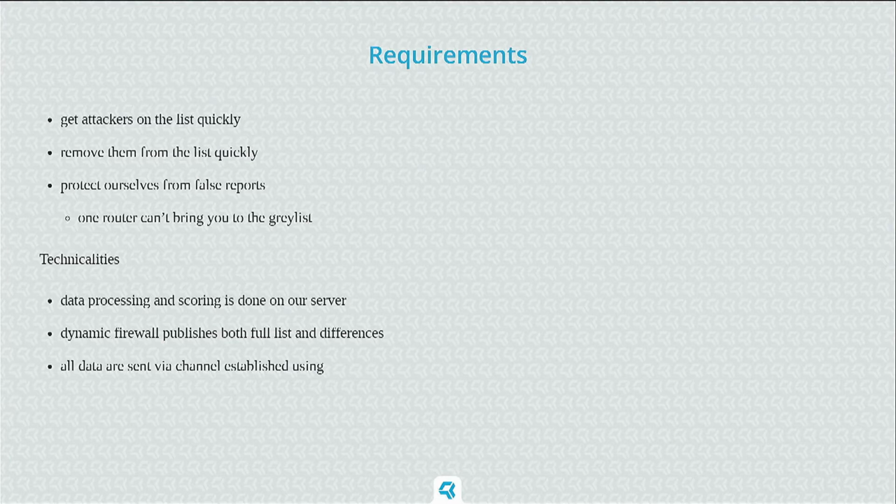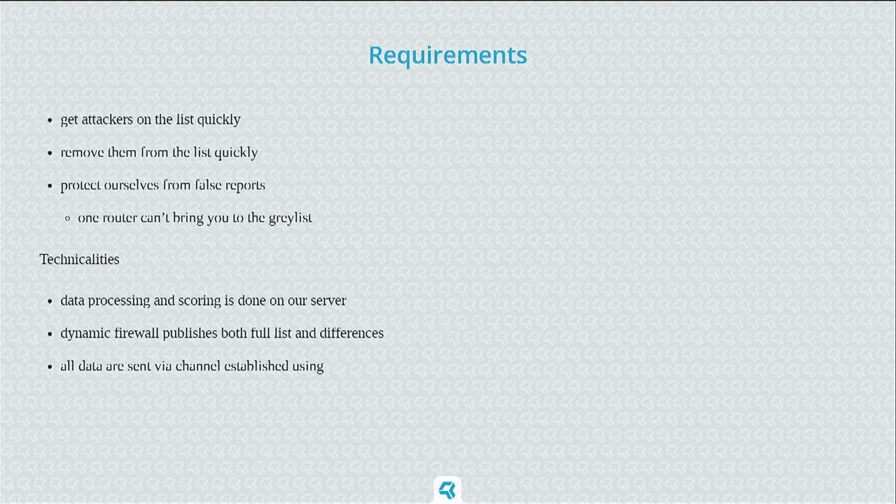And one thing that we need to extremely protect ourselves from, and that's actually kind of tricky when moving away from our routers, is that we have to make sure that it's not easy to trick us into enlisting somebody really fast.